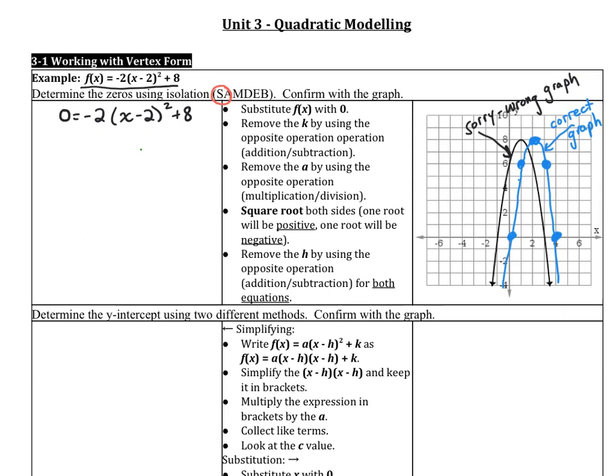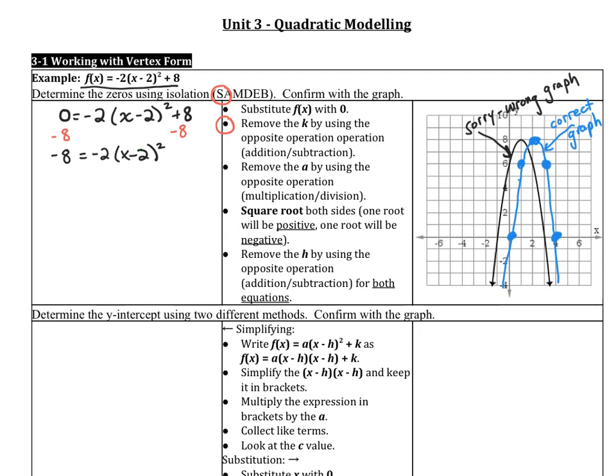In this case, the positive 8 is being added or subtracted, so basically you are getting rid of the k value. To get rid of the k value, you're going to subtract 8 from both sides, and that will give you a negative 8 on the left.